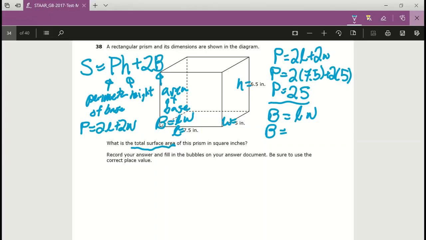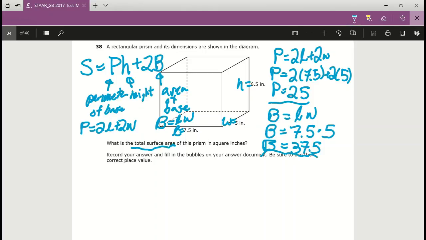My length is 7.5 times my width, which is 5. So 7.5 times 5. My big B, my area of the base, is 37.5. Alright, so now I have all the stuff I need.